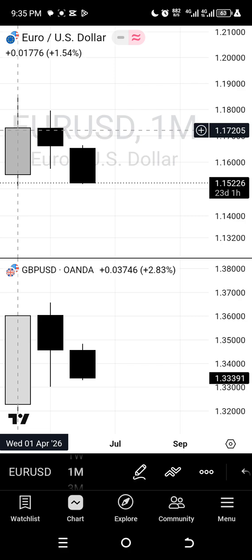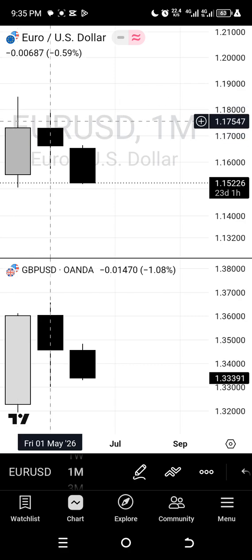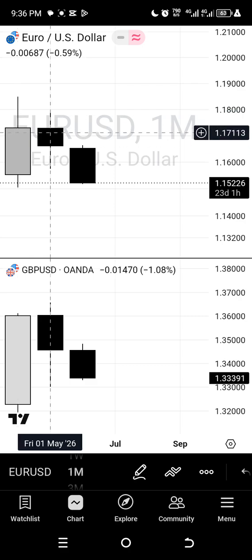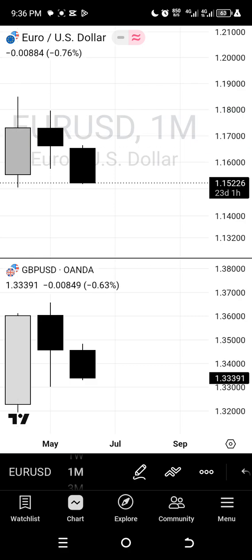When we have an SMT, then we don't expect any sweep again on the EU on the monthly time frame. So based on that, we should then expect price to sweep this candle number one on the monthly time frame on the euro dollars.